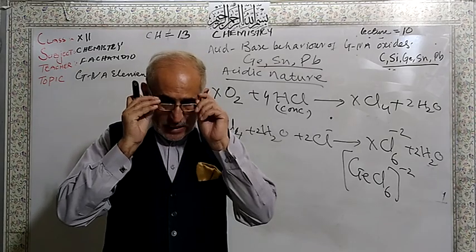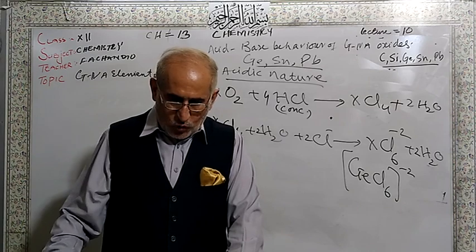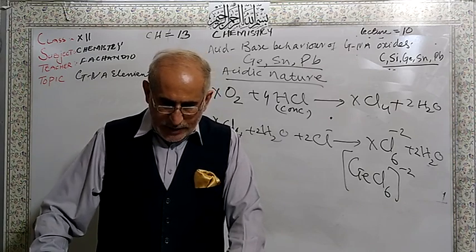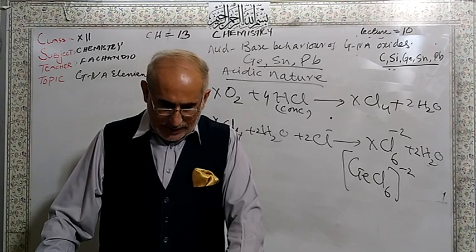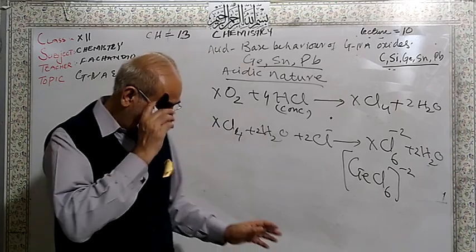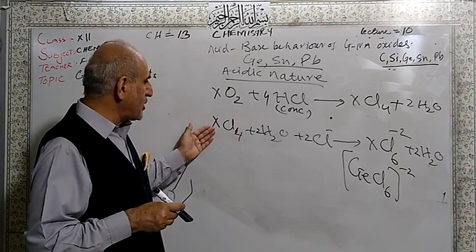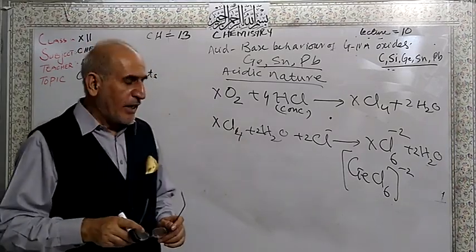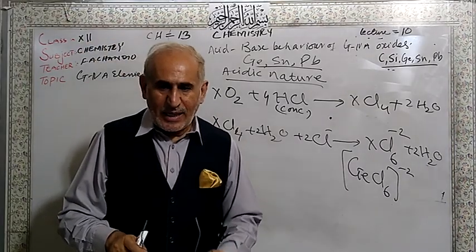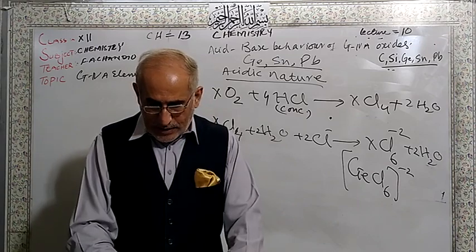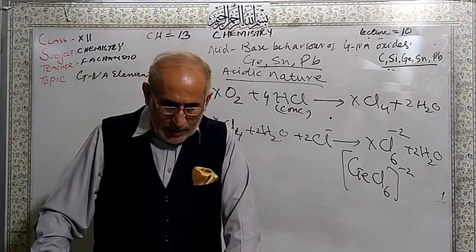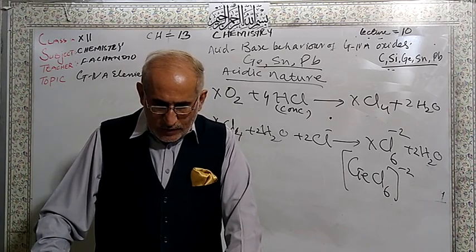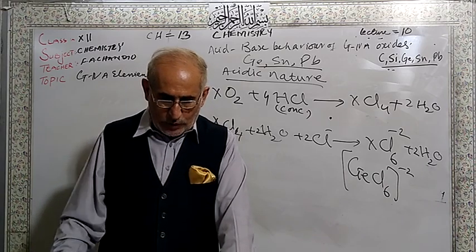In the case of lead 4 oxide, the reaction has to be done with ice cold hydrochloric acid. If you are using lead instead of germanium, then the condition is ice cold hydrochloric acid. If the reaction is done otherwise, the lead 4 oxide decomposes to give lead 2 chloride.